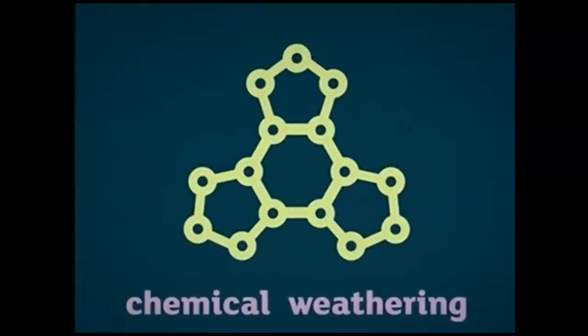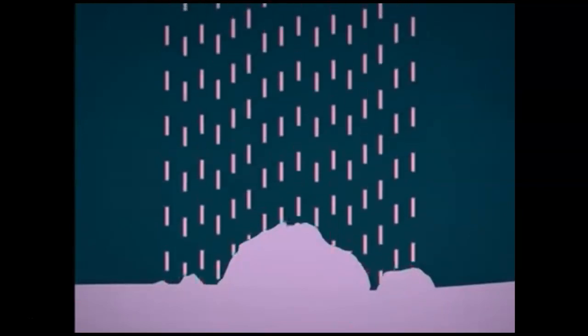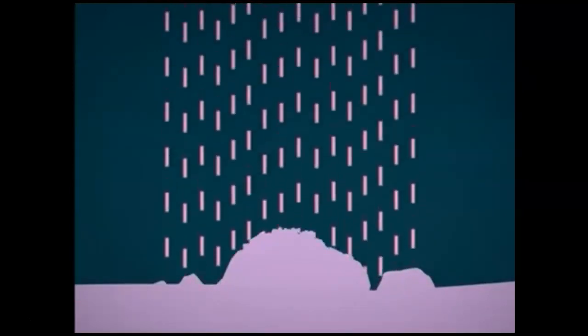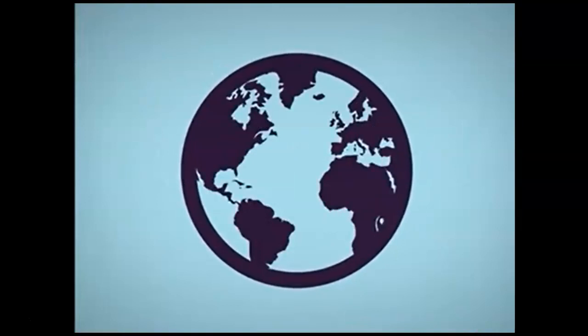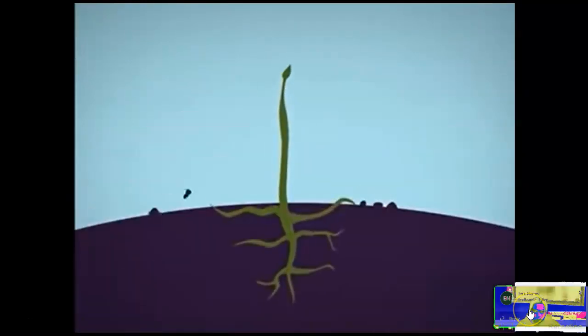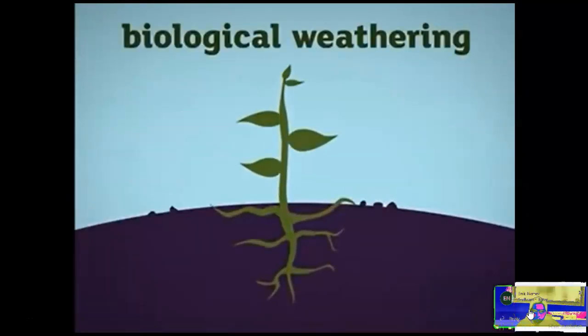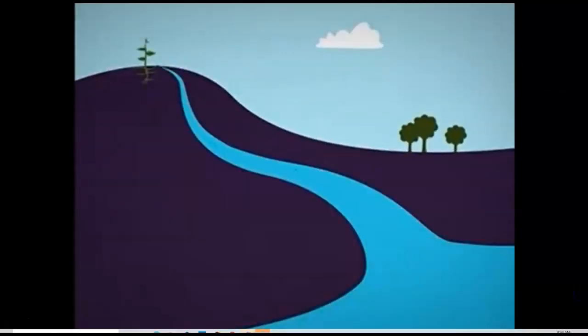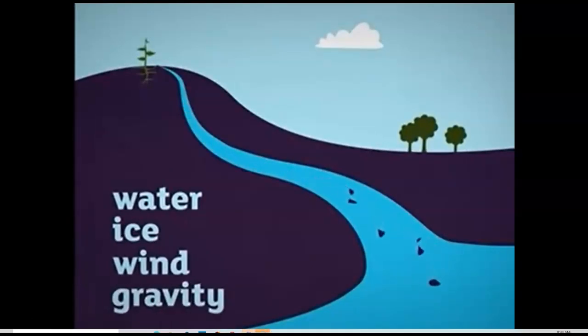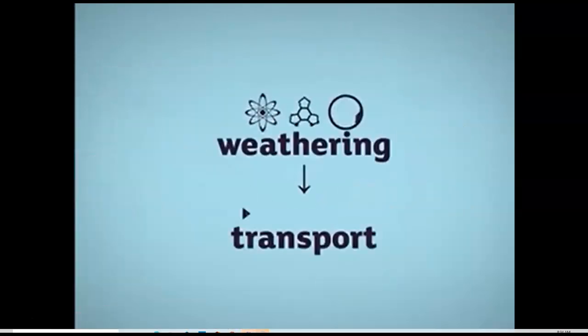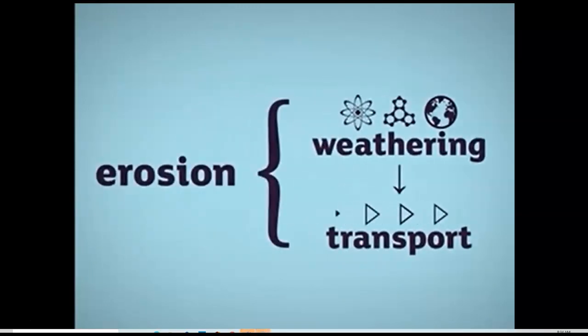An example of chemical weathering is when acid rain reacts with substances in rocks. Even plants or animals can break up rocks. This is biological weathering. The sediments formed by weathering can be moved away by water, ice, wind, or gravity. The combined process of weathering and transport is called erosion. Eventually, sediments settle in one place. For example, they may sink to the bottom of the sea.